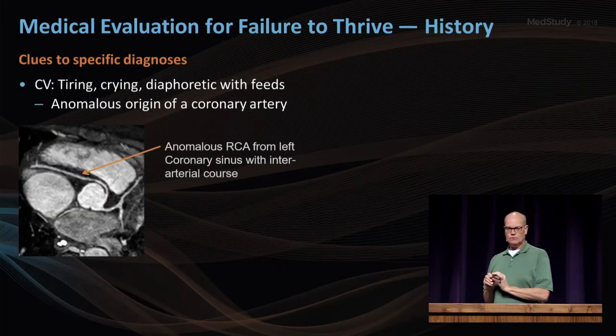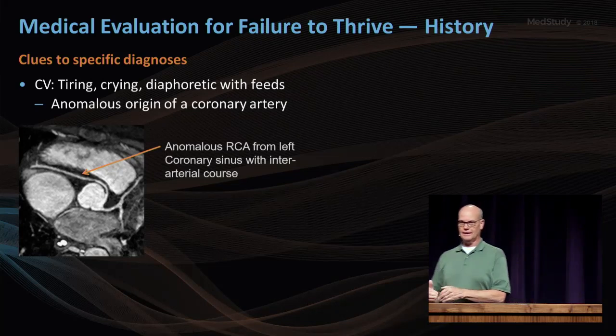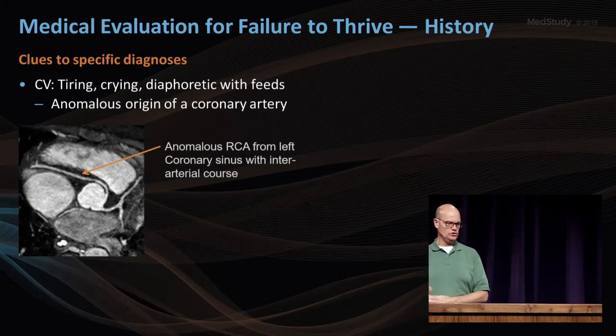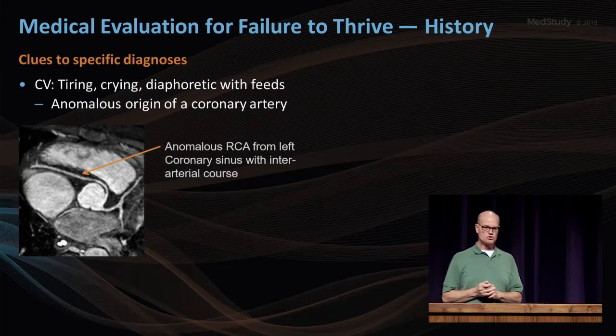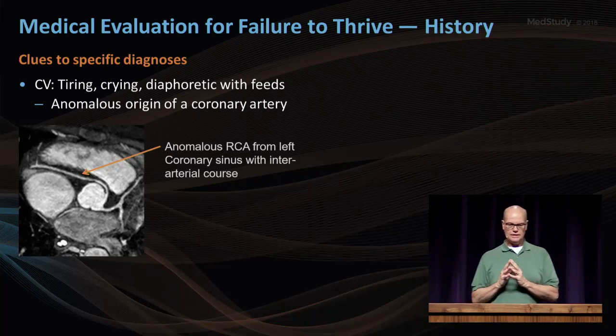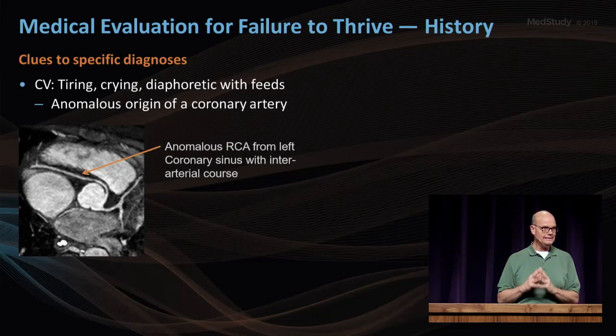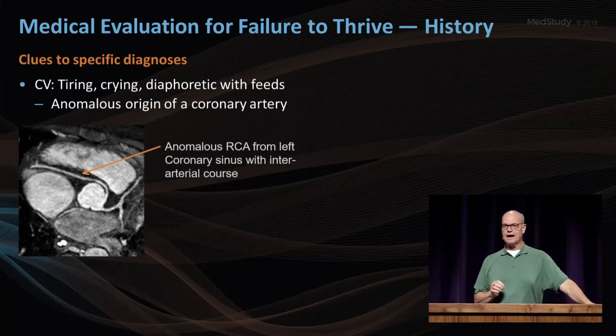Now, again, what other clues might you get on history? In other words, might you read in your vignette? So here's a buzzword: a child who is tiring and crying and diaphoretic with feedings oftentimes will have an anomalous origin of the coronary artery.